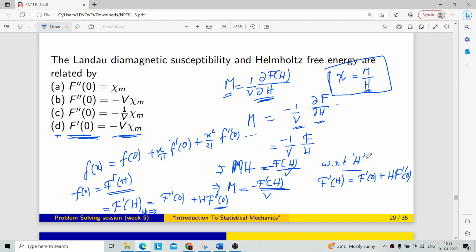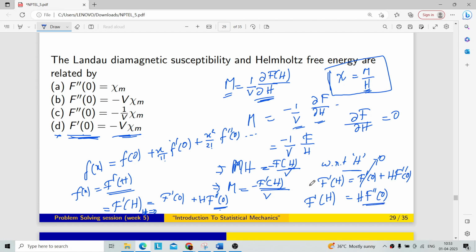And from the saddle point formula, we'll have del F over del H as 0, so this term will vanish.